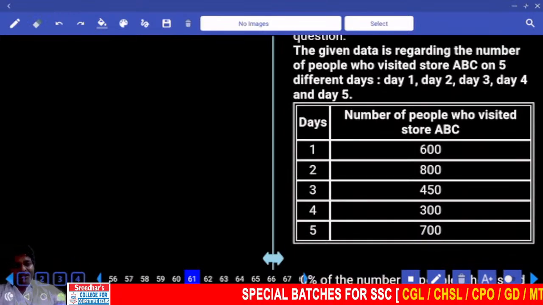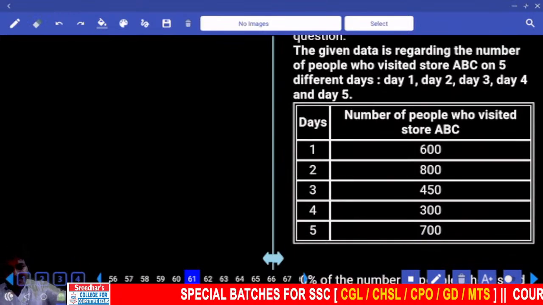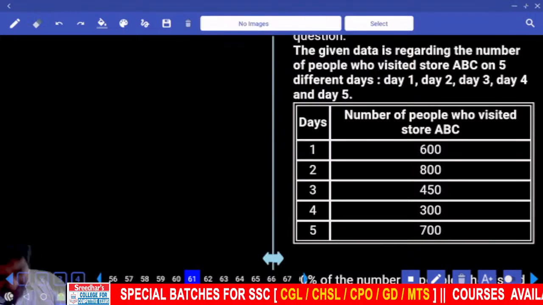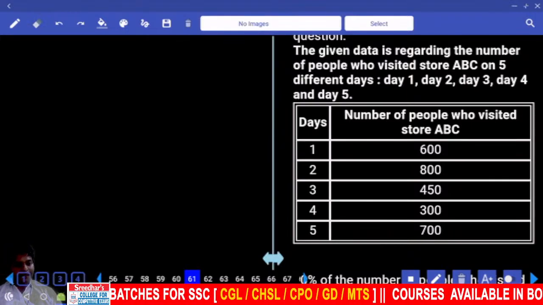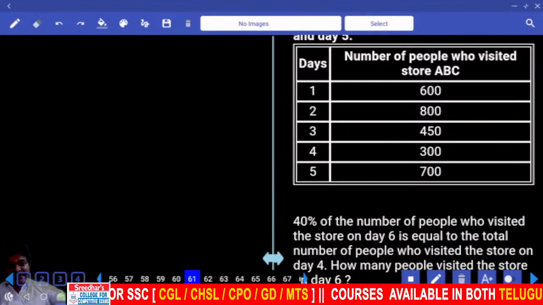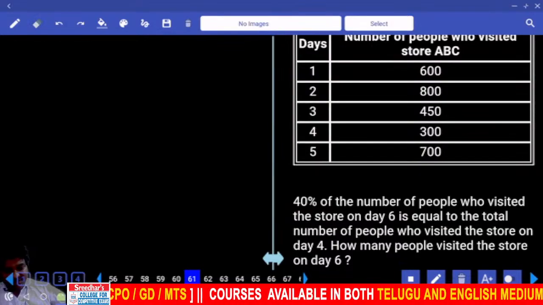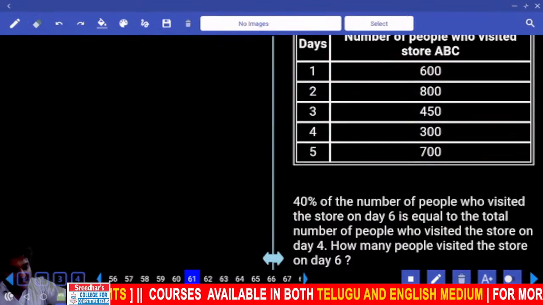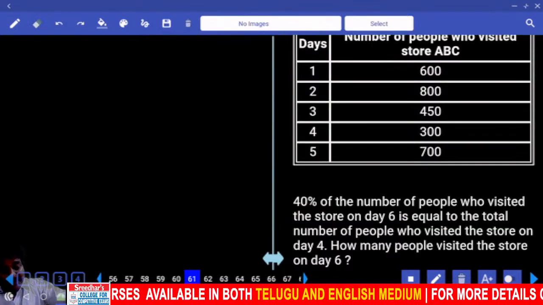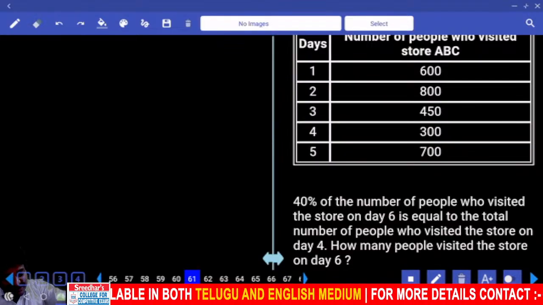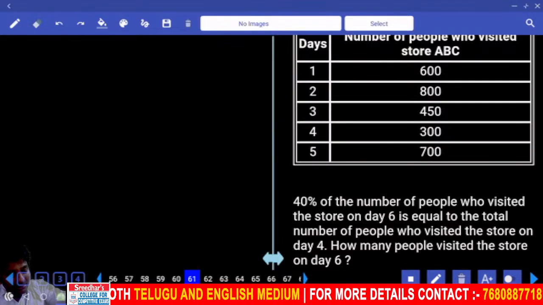Given data is regarding the number of people who visited store ABC on 5 different days: Day 1, 2, 3, 4, 5. Numbers are round figures. 40% of the number of people who visited the store on day 6 is equal to the number of people who visited the store on day 4.